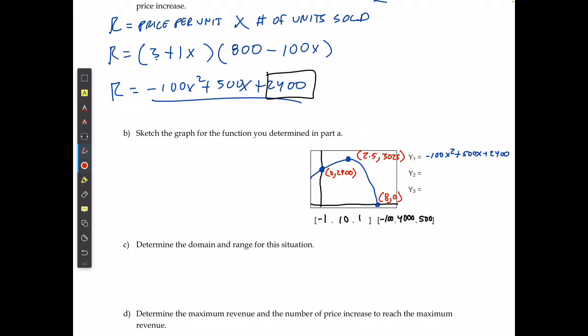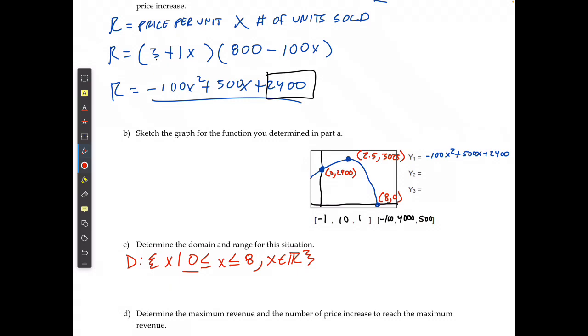If I'm determining the domain and the range for the situation, well, my domain is going to be represented by x, and I'm going to say that 0 is less than or equal to x, which is less than or equal to 8. Why do I know that the lowest point is going to be 0?